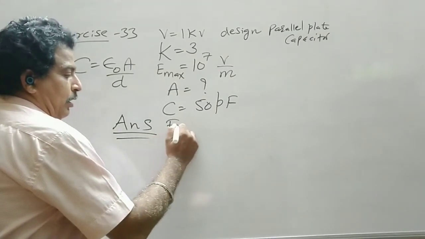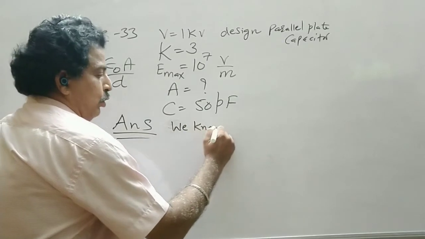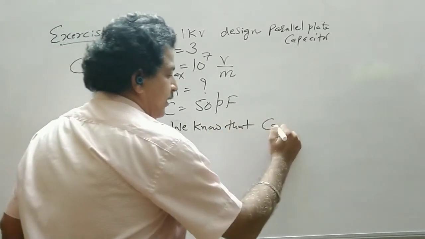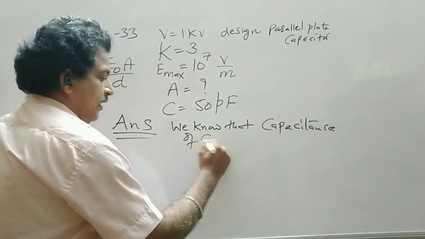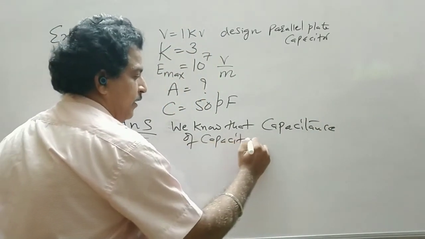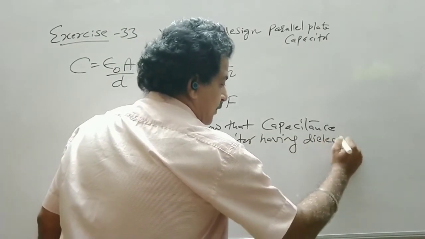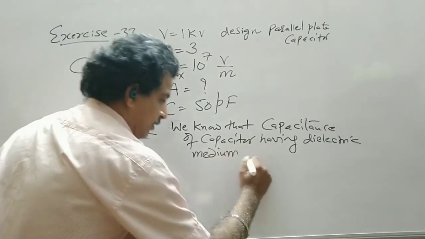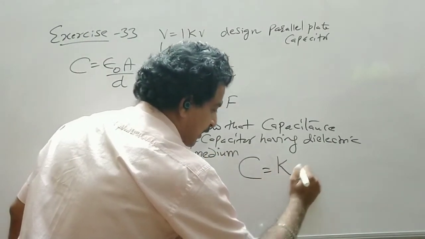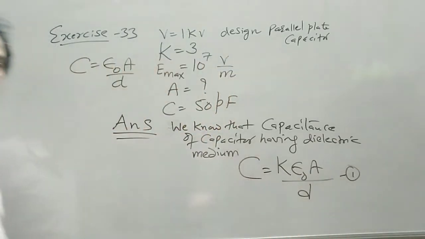So we know that the capacitance of a capacitor having a dielectric medium is given by C equals K epsilon naught A by D. That is our equation number 1.